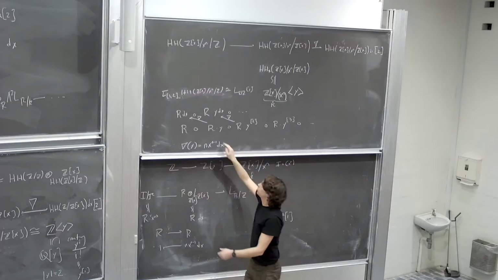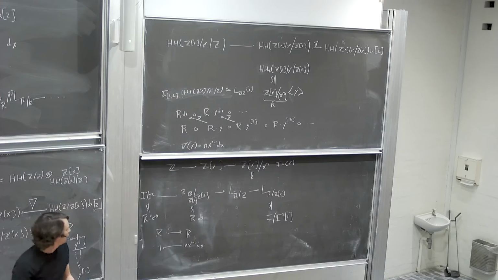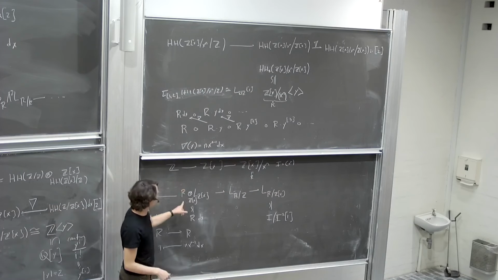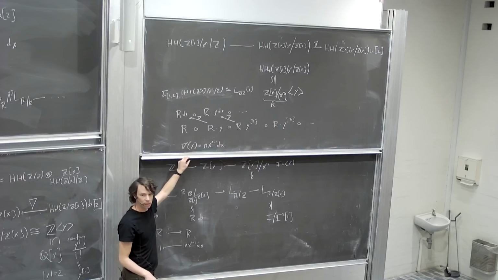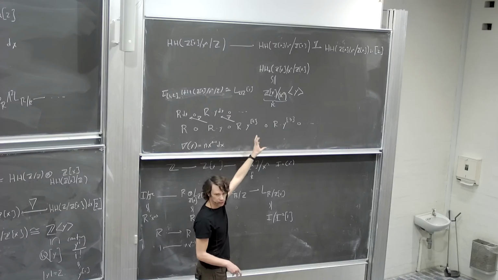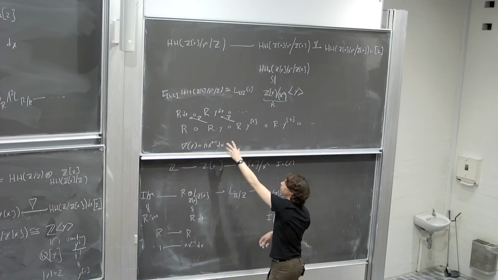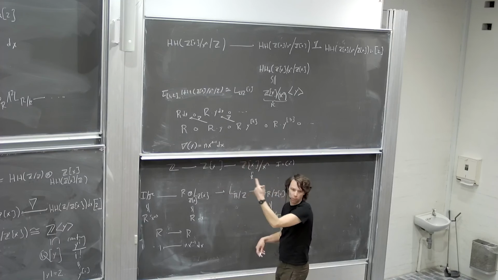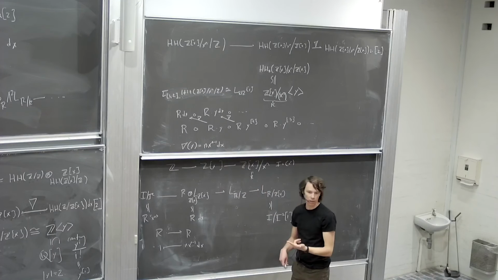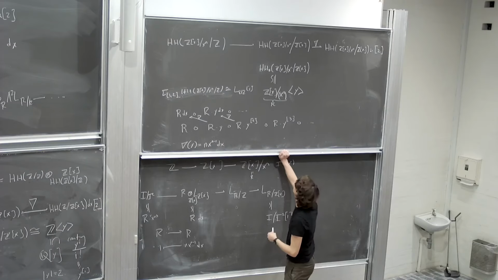And so up to choosing generators, you see by comparing to this computation of the cotangent complex that it has to have this form. Okay, so that's this one. And now there's a kind of implicit claim here that the differentials are determined by what happens on the generator y. So why is that? Let me convince you that that's actually the case.